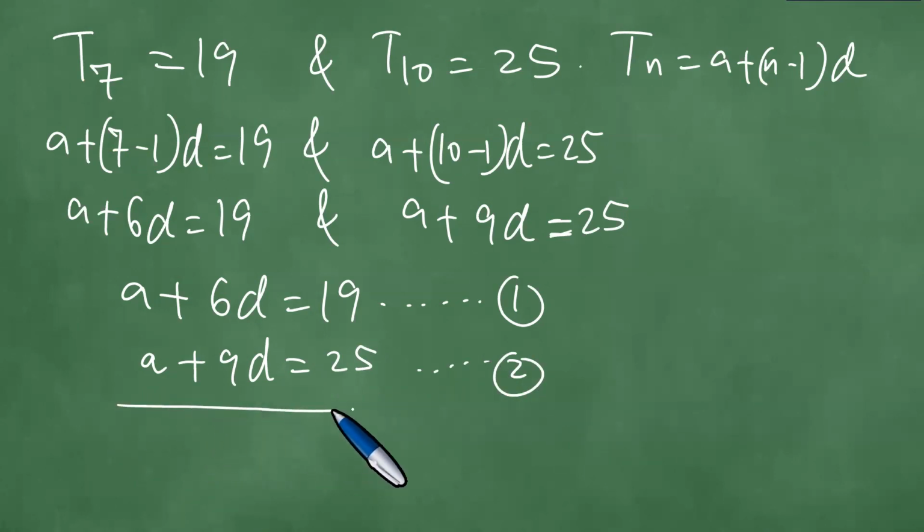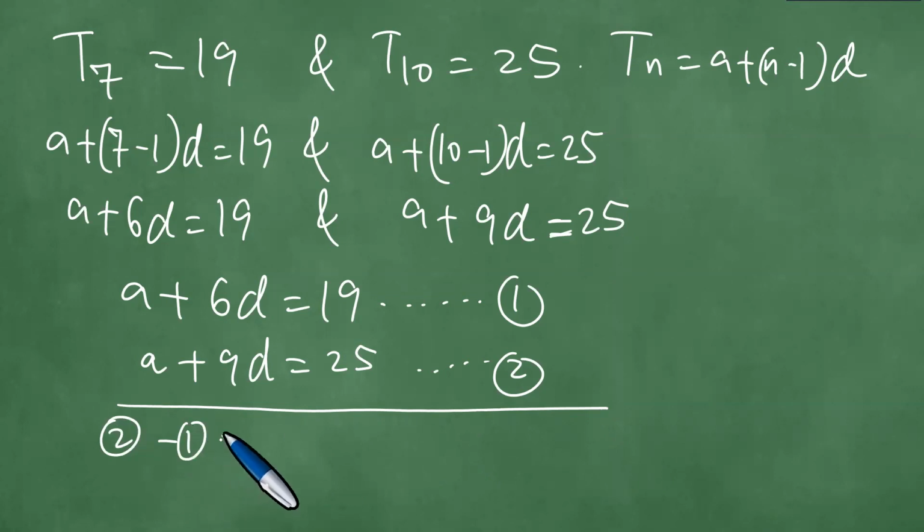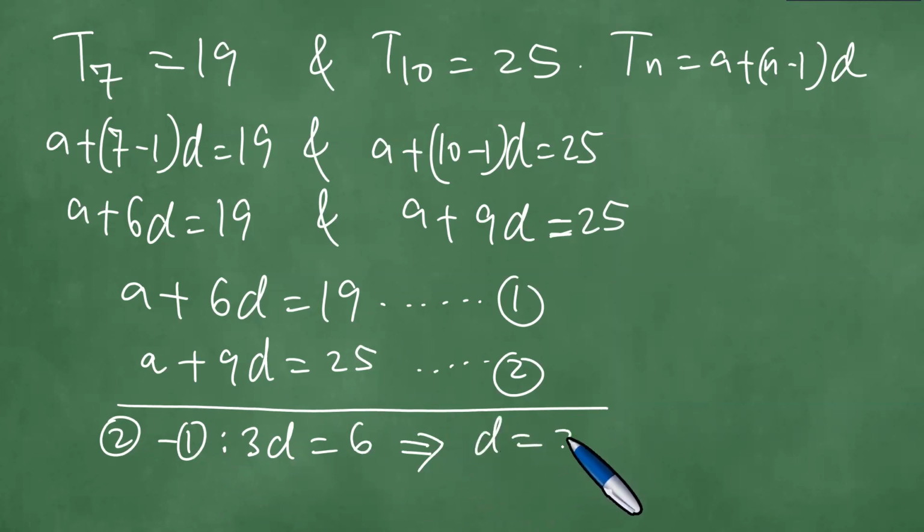Then you're going to proceed here and do 2 minus 1. 9d minus 6d is 3d, equals 6, because 25 minus 19 is 6. Therefore if you divide through by 3, d is equal to 2. Okay, so you have that d equals 2, but you need to find a.